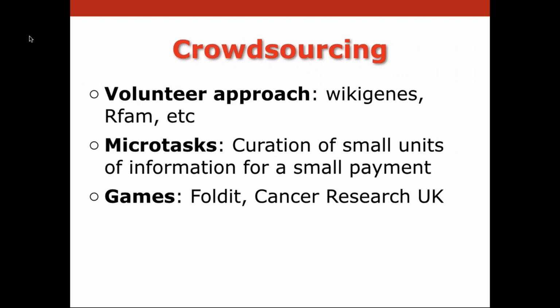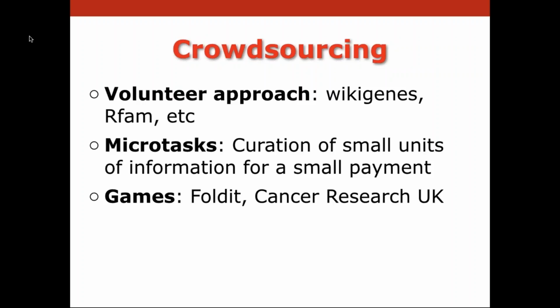The second approach in crowdsourcing is what people might know as Amazon Turks. You can go to Amazon and propose a very small task, and people are paid a small amount to do one unit of work, for example to identify variants in an abstract.